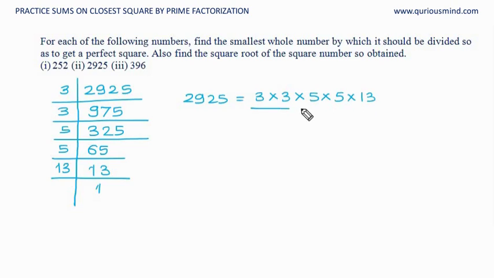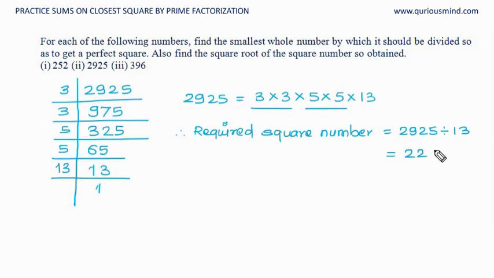If we look at the pairs, we have these pairs. This is alone. So we should divide by 13, so that we'll get rid of 13 and we'll get a square number. So this is the square number we got. We divided by 13.